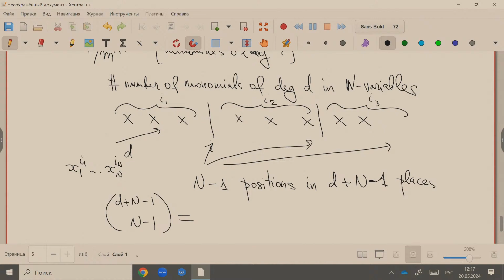In order to derive asymptotics, it is better to write it down like this, to get rid of n in the denominator. And of course, what are the asymptotics?